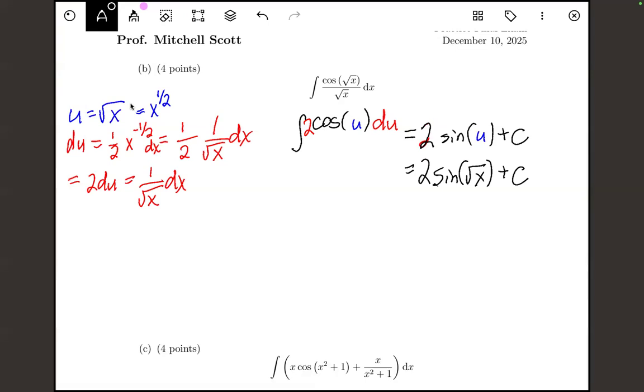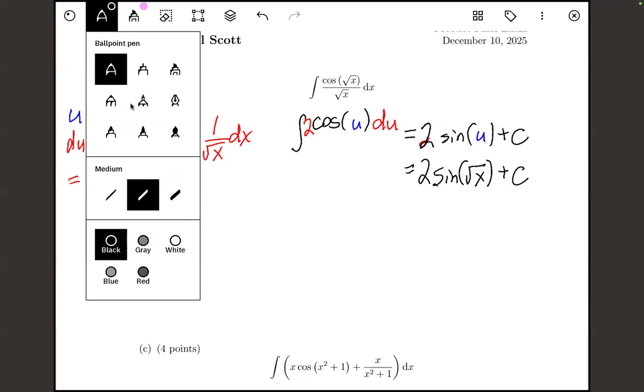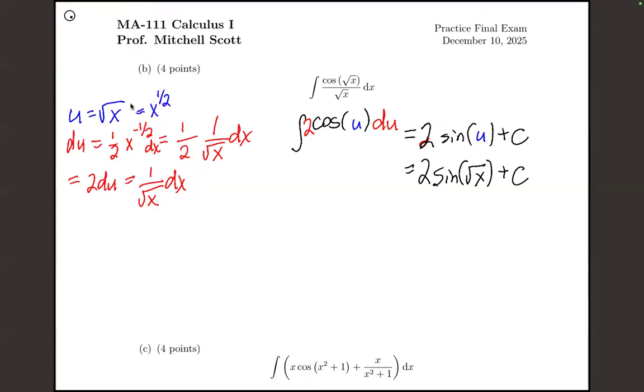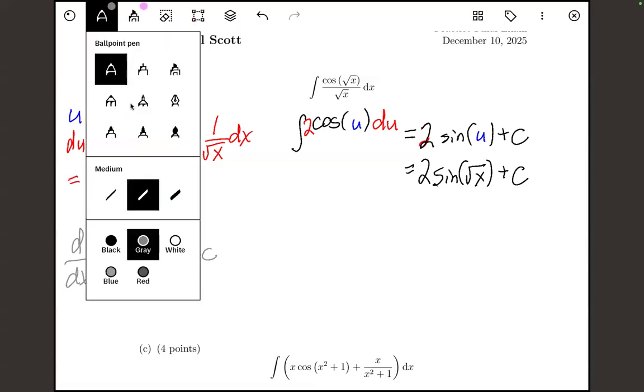And this hopefully is the correct answer, but we can also check our work to make sure of this. So if we do d dx of 2 times sine of square root of x plus c, I'm going to need to use the chain rule, which makes sense because we used u substitution.